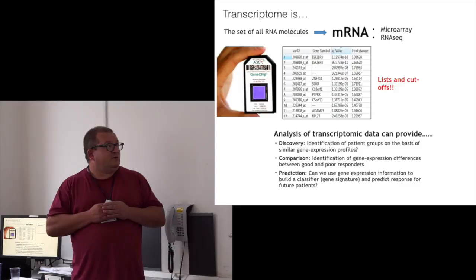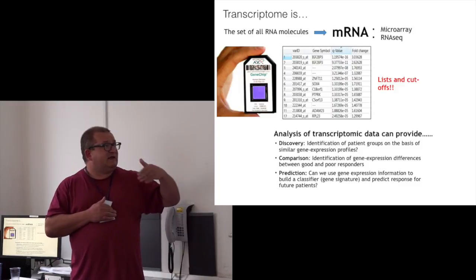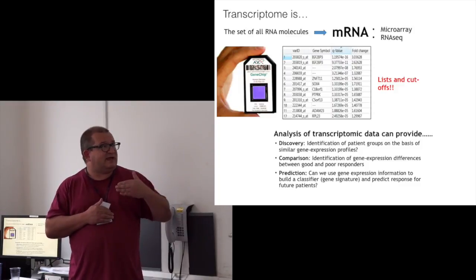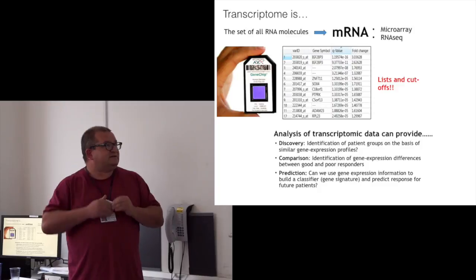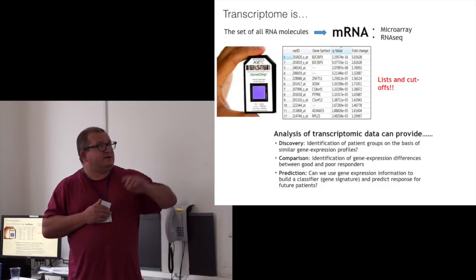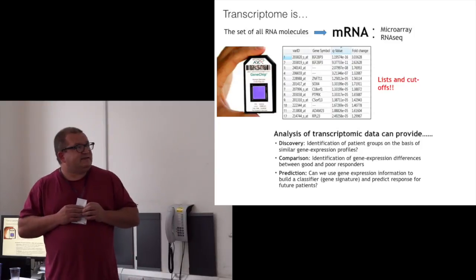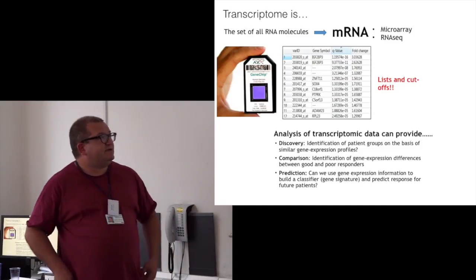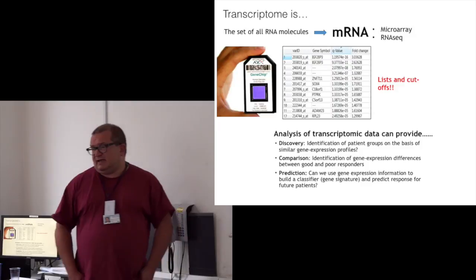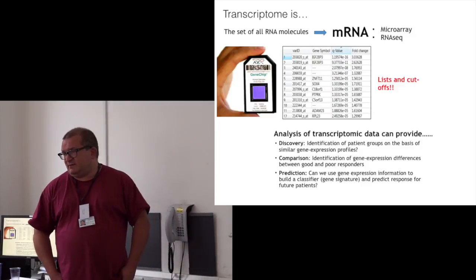Being able to measure these levels of transcriptomic action, levels of transcript within the cell, is fairly straightforward. The newer approach is RNA-seq. That's relying on the next generation sequencing machines that are now available.